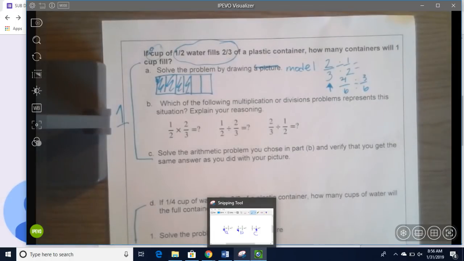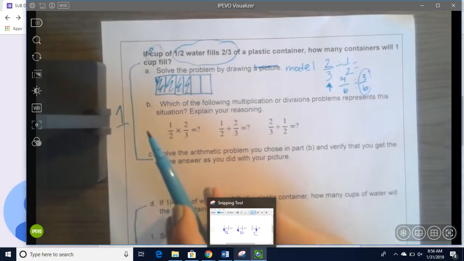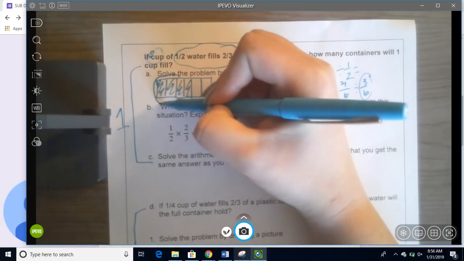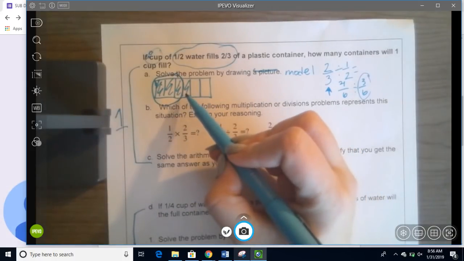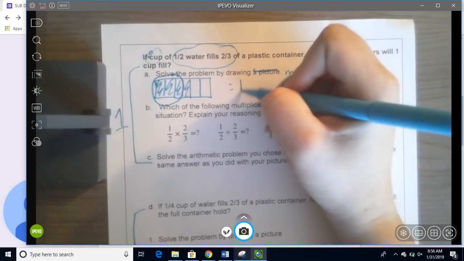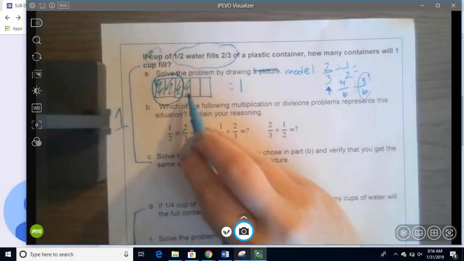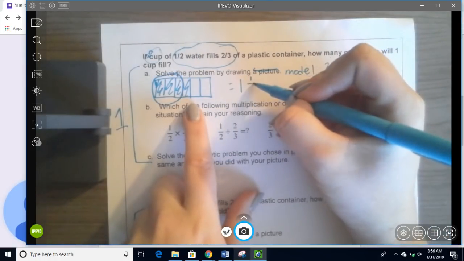All right, so now I'm seeing how many 3/6 fit into there. That's going to be a little trickier. So here's 1, 2, 3. Okay, now remember we said the trick was whatever's left over, so we have 1 cup, right? Whatever is left over goes on the numerator, so there's 1 part left.